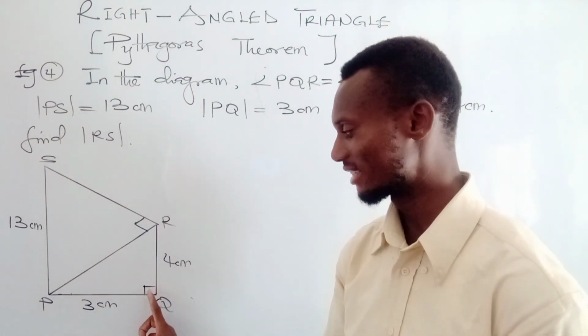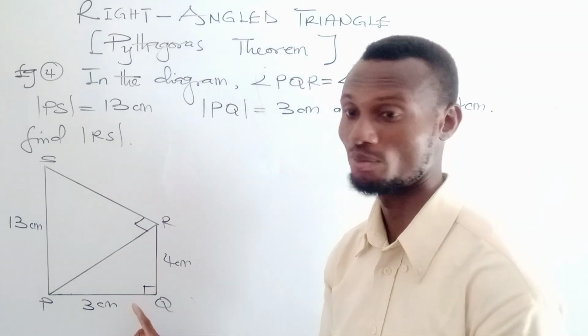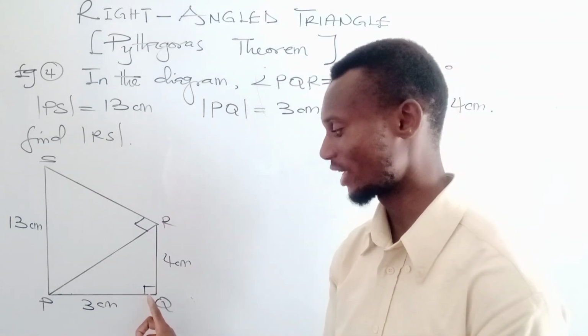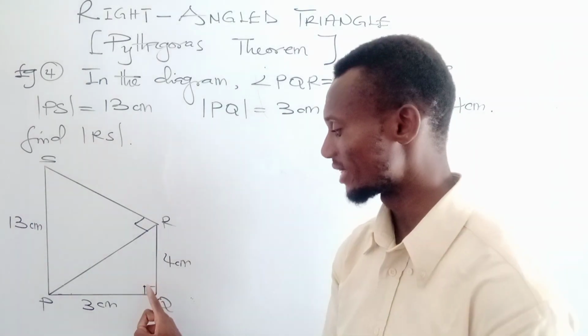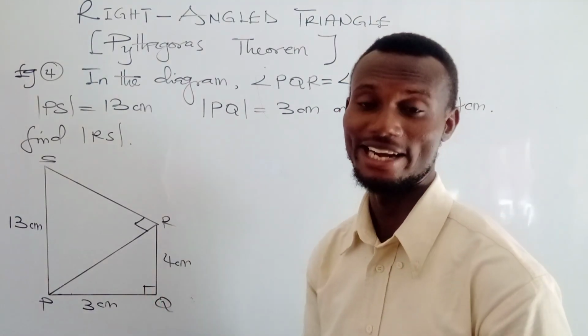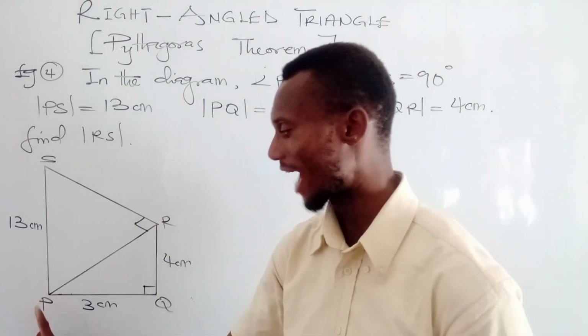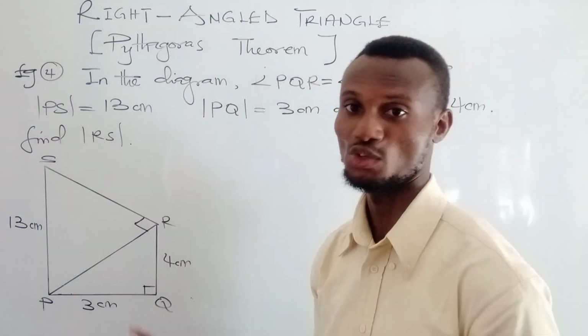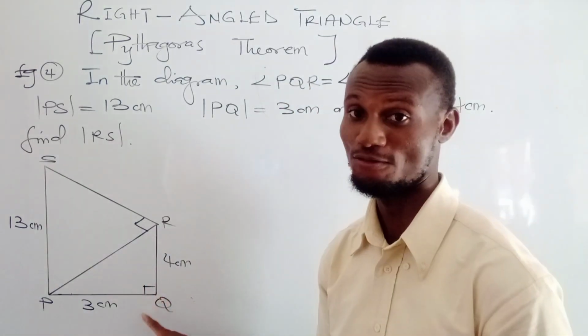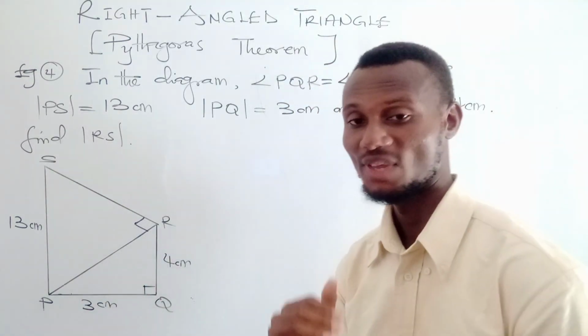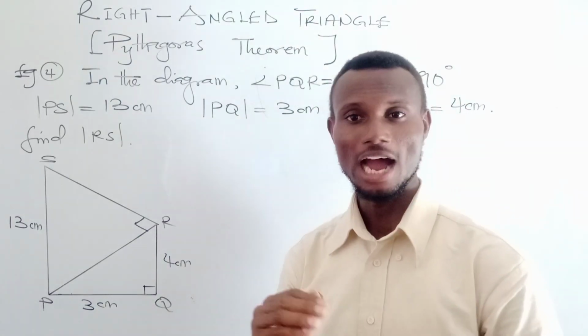You can see that there's a 90 degrees angle being formed on the point Q. This symbol represents a 90 degrees angle that is formed on Q. I hope the explanation is clear enough up to this point.